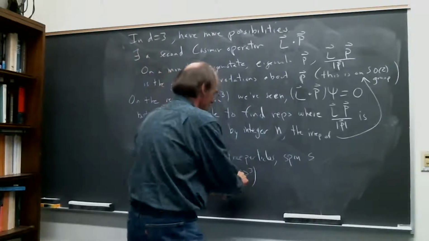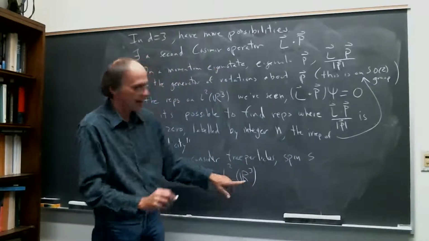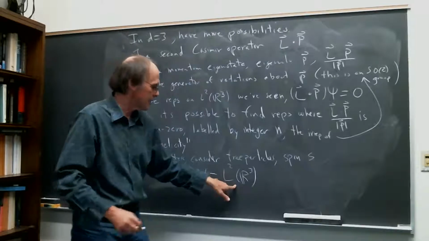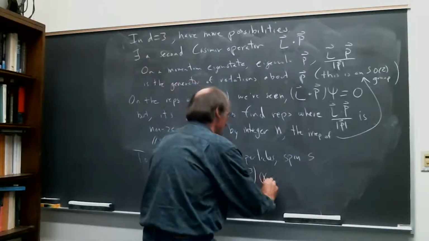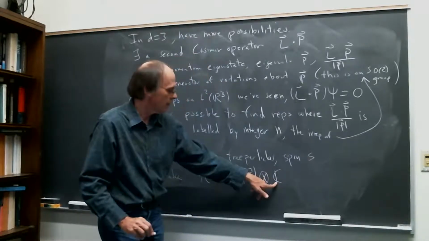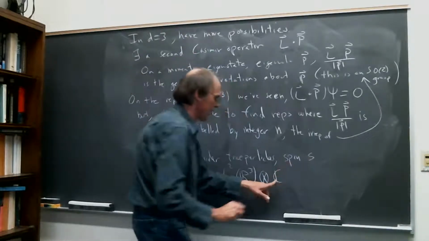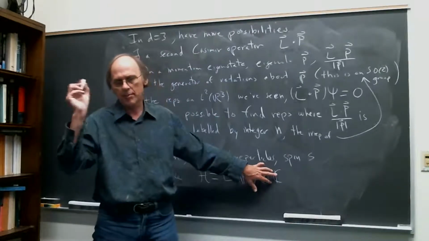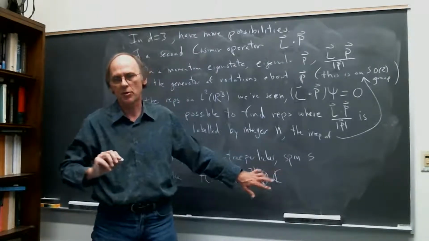One way of saying functions on R3 with values in some SO3 representation is to take the tensor product, so instead of just taking values in C, let's take values in some irreducible representation of SO3.